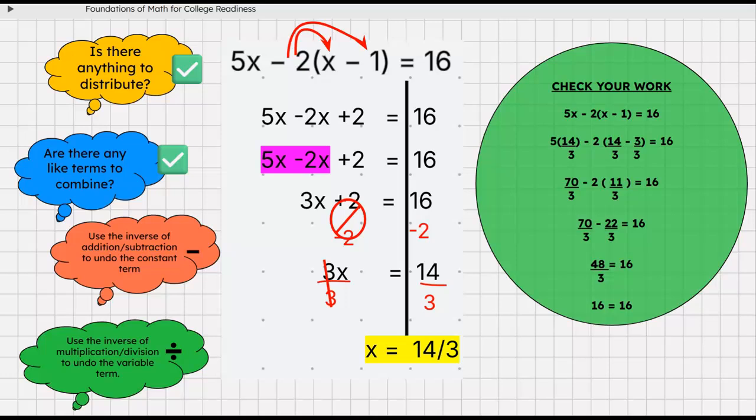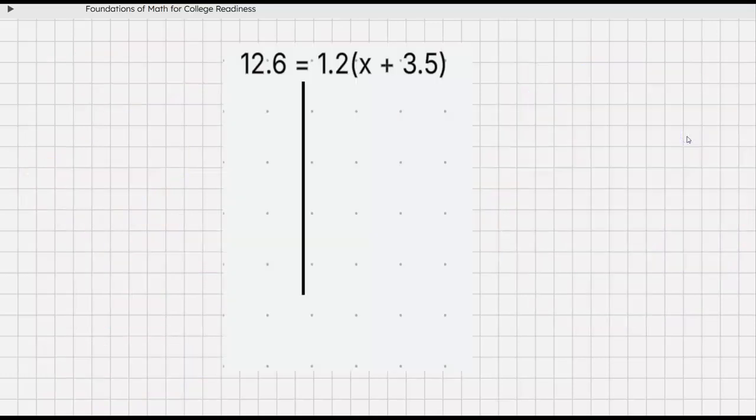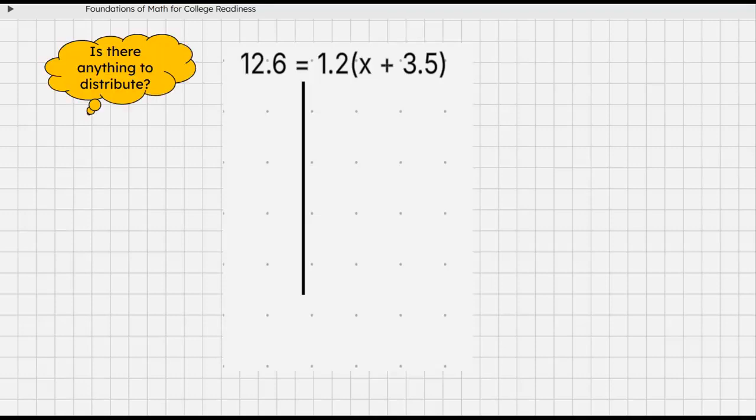Next example, 12.6 equals 1.2 times (x plus 3.5). Uh-oh, don't let the decimals scare you. Just use your steps. Ask yourself, is there anything to distribute? There is.